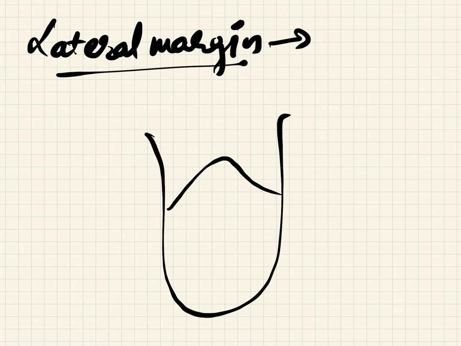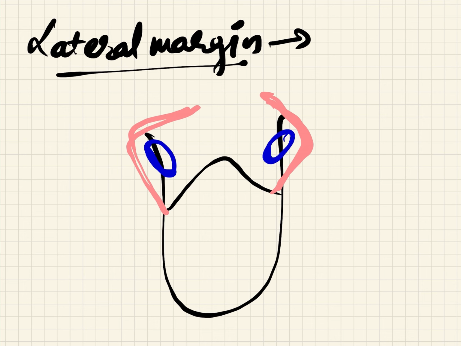So the lateral margins, as usual, are covered by the mucous membrane, and at the junction of the anterior two-third and the posterior one-third, you will be having the palatoglossal arch, in which you can find the palatine tonsil. Right? This is about the lateral margin.